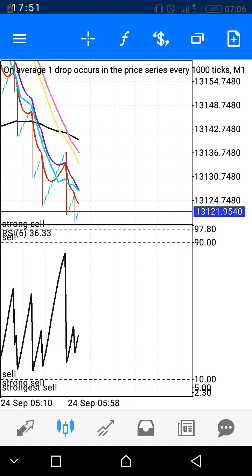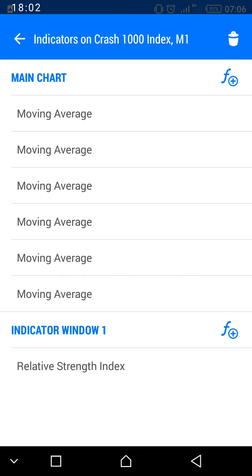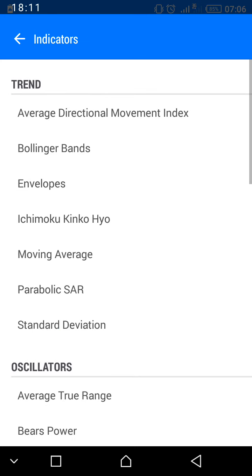Now, also on the RSI, there is a setting. You have to put in some moving averages. You go to that indicator window 1. You press F plus there. Then you press moving averages.